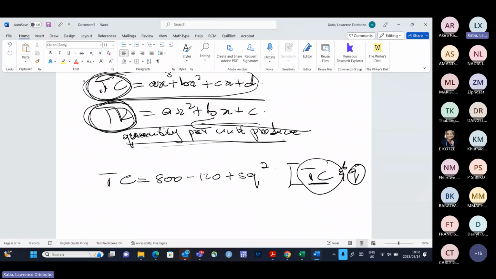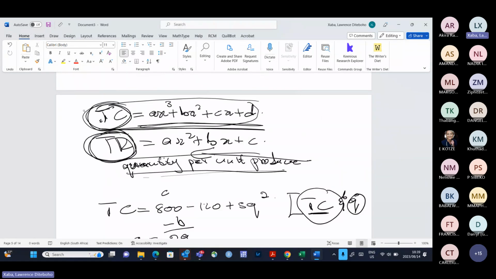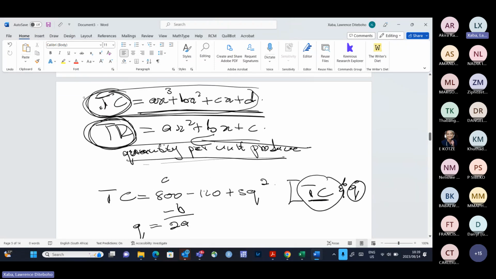So for total cost, if we are asked to calculate the turning point, the formula is still the same: Q equals minus B divided by 2 times A. I forgot to put Q here.